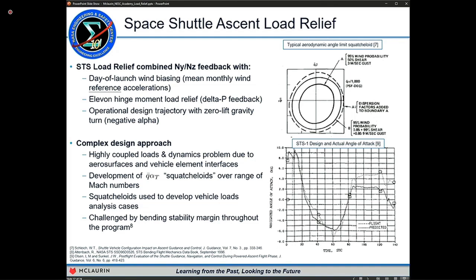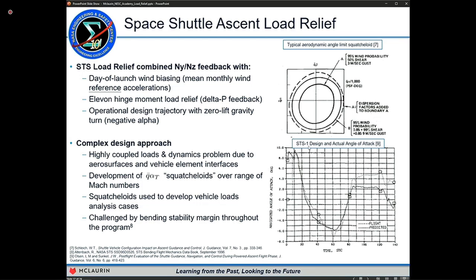And one of the things that really worked well despite those errors was the ascent load relief algorithm. If we look at the flight data for STS-1 and compare the pre-flight predictions of any of the major trajectory parameters versus flight, most of them are pretty significantly different except for the angle of attack, and that's because the load relief NZ feedback worked really well.